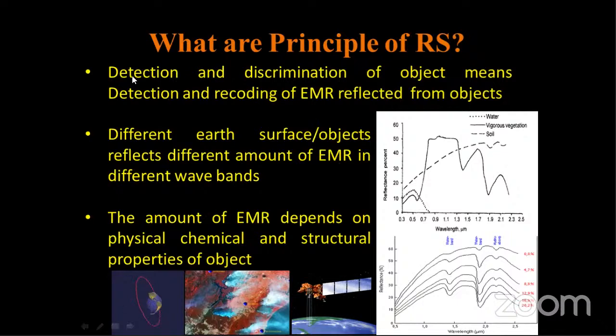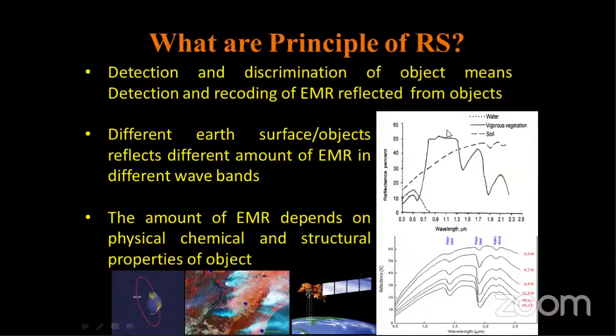So there are three principles. One is detection and discrimination, which means recording of EMR that is reflected from the object. The second is that different surfaces have different responses to the EMR, and you can see this in the figure here. This particular spectral signature is the vegetation signature, and this is vigorous vegetation.